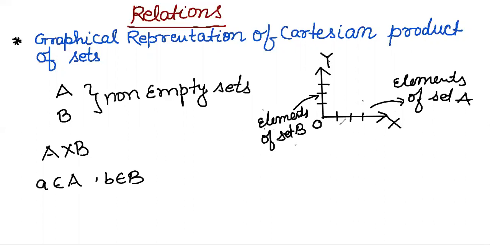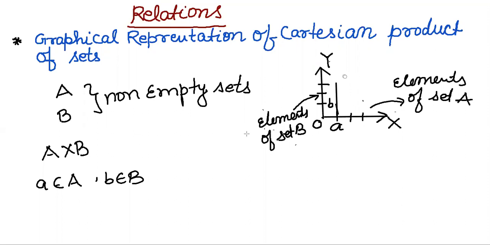Means if I'm taking small a from this x-axis and small b from this y-axis, first of all, I'm going to draw a vertical line according to the point a, like that. With the point a, this type of line I am getting.